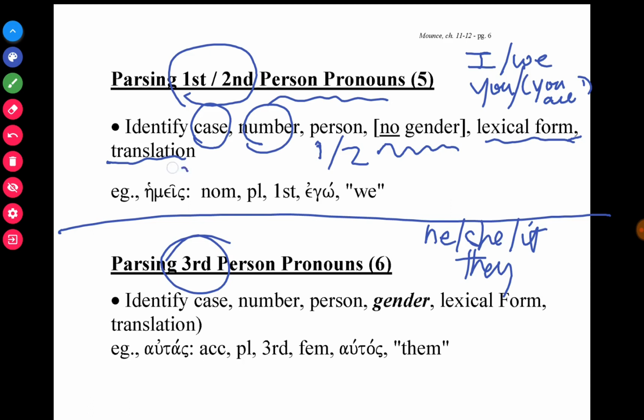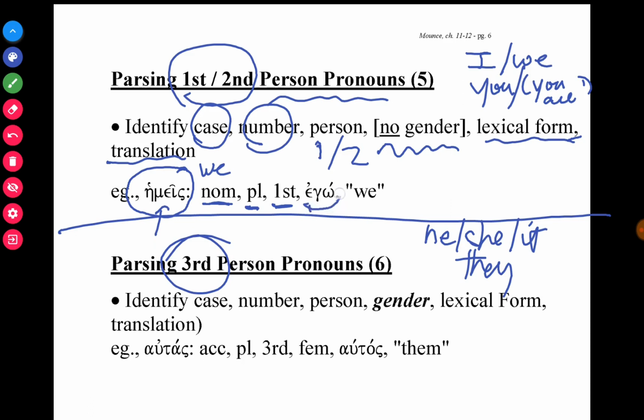So look at our example, hēmeis. How would I parse this? Well, this is the word for we, and it's nominative, it's plural, it's first person. There's no way to tell in the first and second person pronouns whether it's masculine, feminine, or neuter, so you leave that blank.